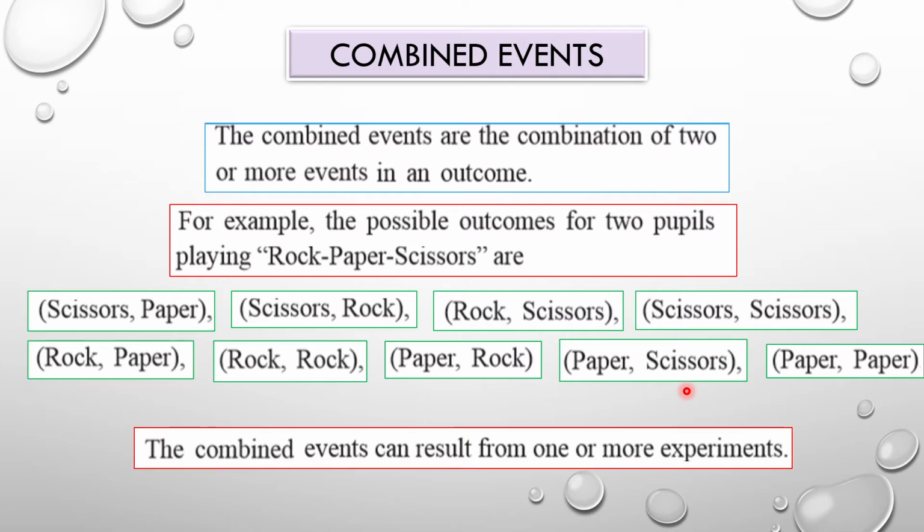Okay. The combined events can result from one or more experiments. It can be from one experiment alone, or it can be more than one experiment. So that is known as combined events.